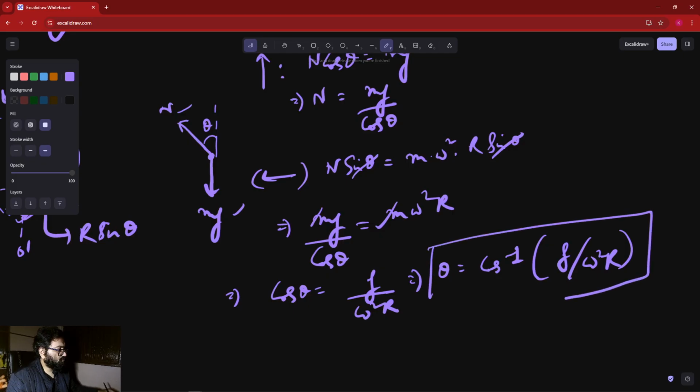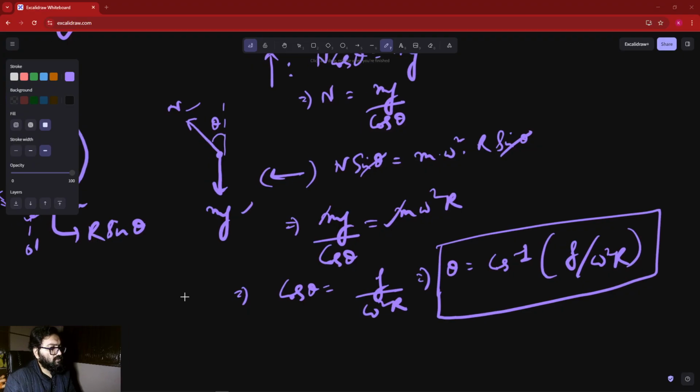Yeah, so this is what my theta is going to be. Let me check the answer. Yes, and this is going to be one of the stable positions for my sleeve.